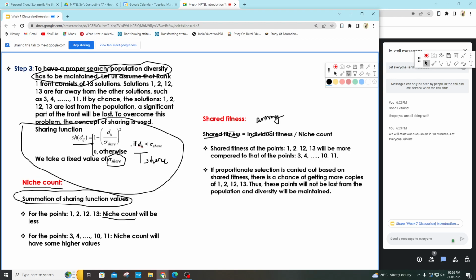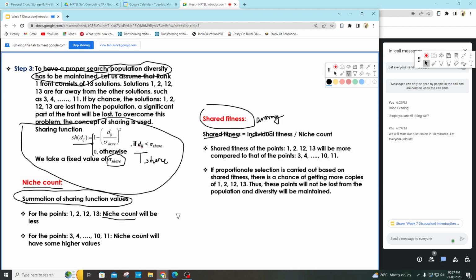Then you have to find the sharing fitness. What is sharing fitness? Sharing fitness is the individual fitness divided by the niche count. The niche count of points 1, 2, 12 and 13 will be less. If your denominator is less, and the dummy fitness is equal for all the points, then your sharing fitness will be more.